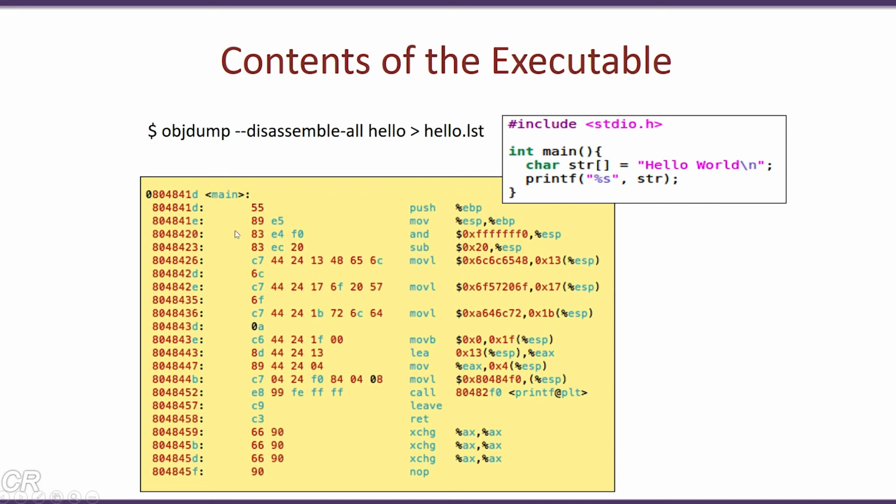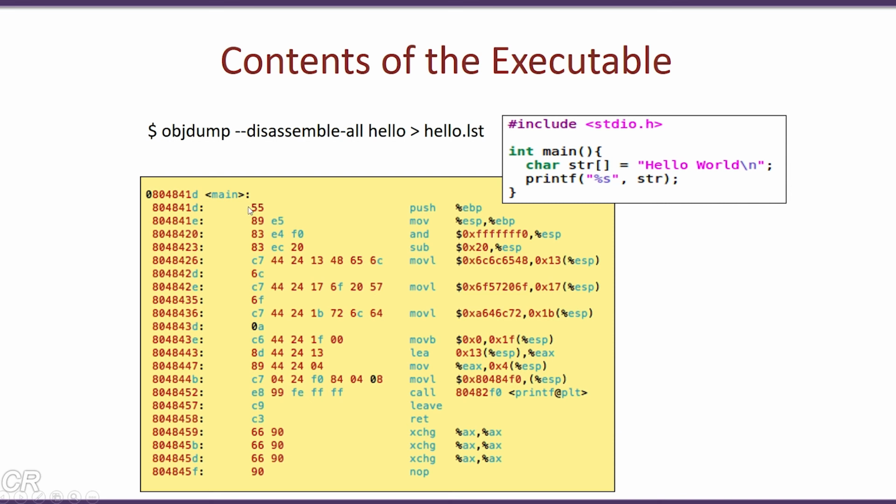Another important aspect for us is this column over here, which gives you a series of numbers like 59, 89, E5 and so on. What these numbers actually represent are the machine level codes corresponding to each of these instructions. For example, this number 55 implies push %ebp.